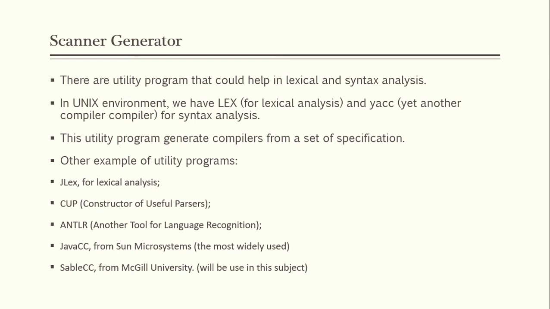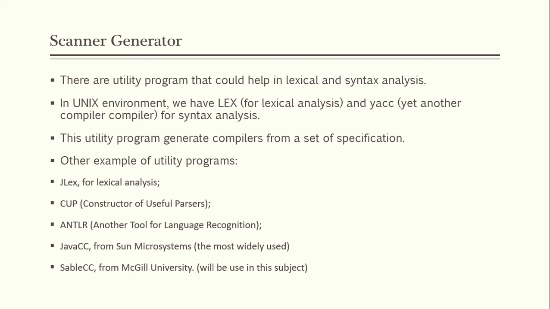For parsing, we have CUP, constructor of useful parsers. We have ANTLR, another tool for language recognition. We have JavaCC, from Sun Microsystems, which is the most widely used utility program. And also SableCC, from McGill University. In this lecture, we will be introduced to SableCC.